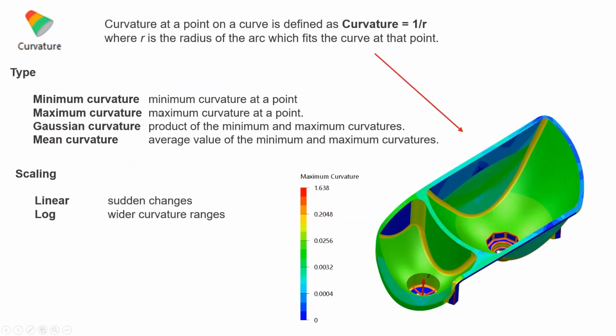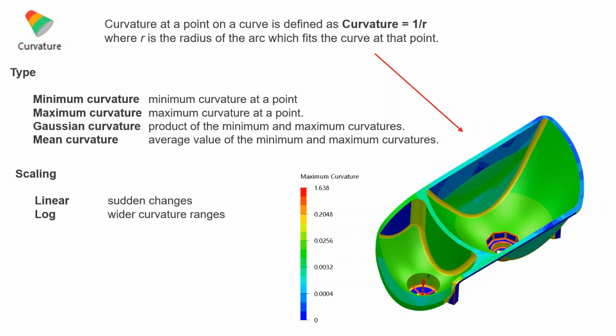So curvature shading, in a nutshell, allows us to shade the model according to the radius of curvature at a point on the surface. So what is the curvature measured in? Well, it's measured in a value of 1 divided by the radius of curvature at the point that we're looking at.